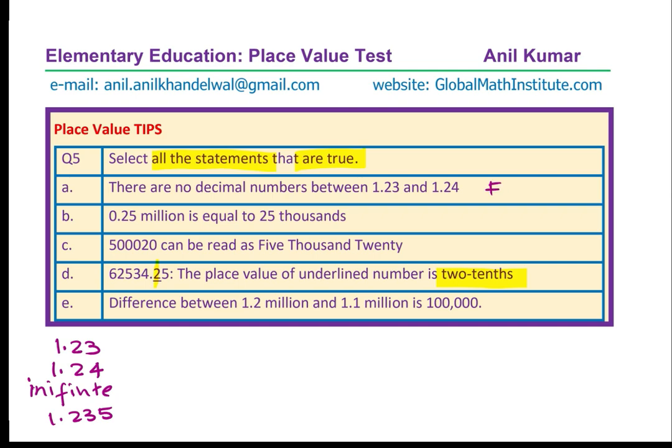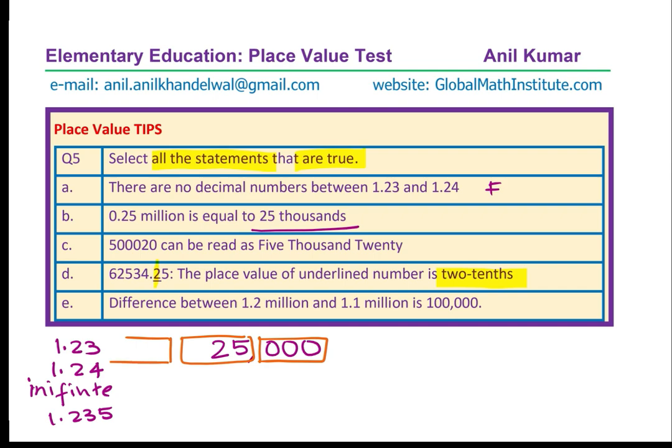Next statement is 0.25 million is equal to 25,000. I think that is incorrect. So if you have to write 25,000, it is what? 25 and then 3 zeros, correct? So that is 25,000. But if I have to write 0.25 million, what will that mean? Well, if you do the periods, so 3 groups of 3, and that is for million.